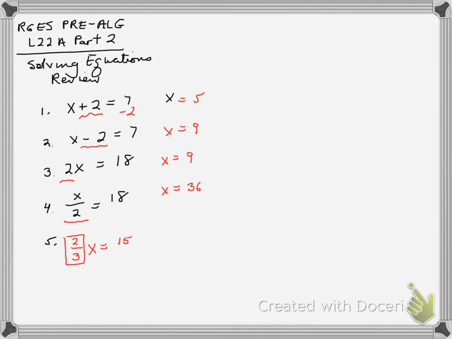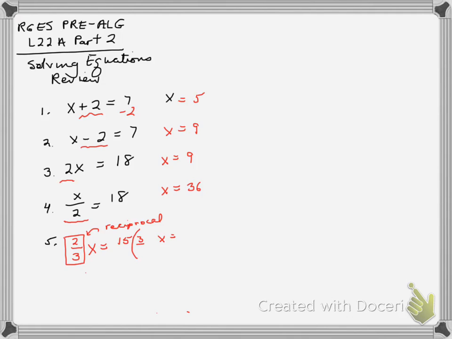To eliminate the 2/3 so that I end up only with x equals, I'm going to multiply the other side, really both sides, to keep it balanced, but I'm not writing it on the left, and that's just how I eliminate it, and it's going to be the reciprocal. The reciprocal is putting the numerator in the denominator and the denominator in the numerator.